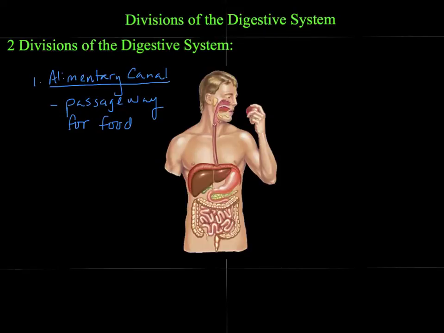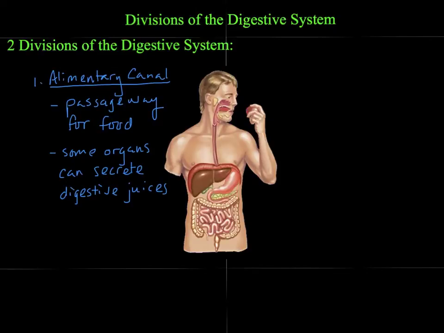Not only will they serve as a passageway, but some organs can secrete digestive juices. The alimentary canal extends from the mouth all the way to the anus.